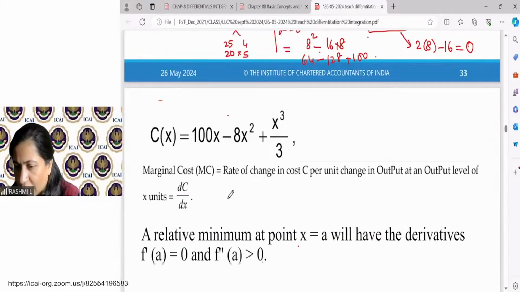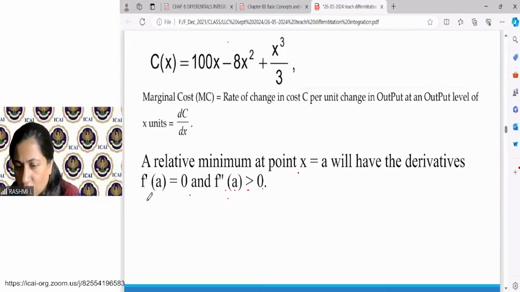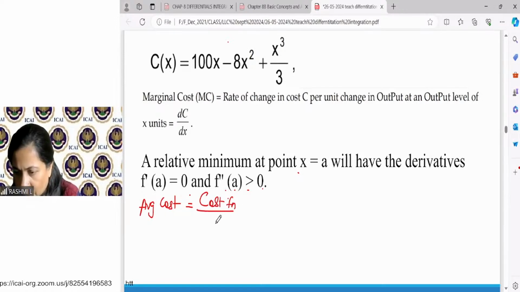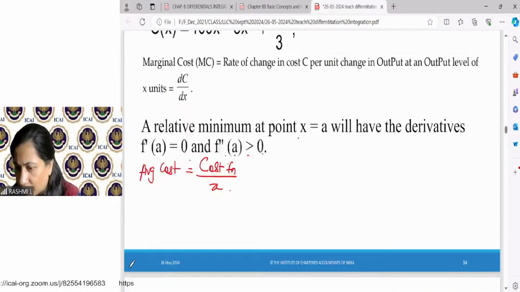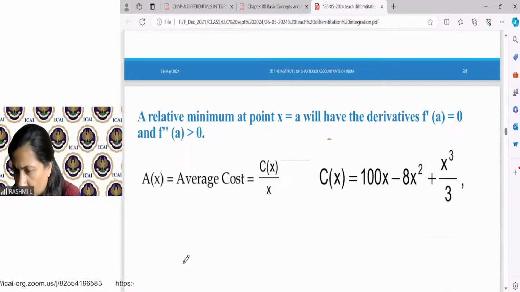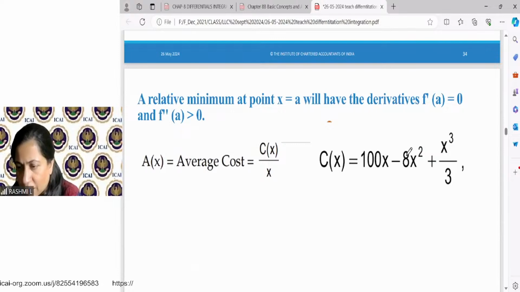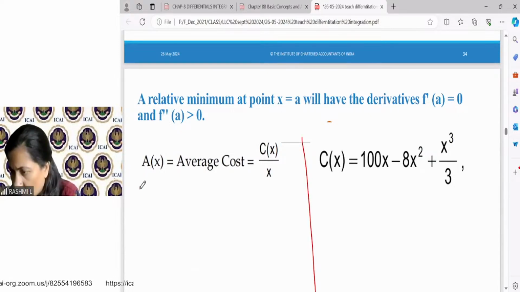Now let us find average cost. Average cost is equal to cost function upon x. So what will I get here? This is my Cx.